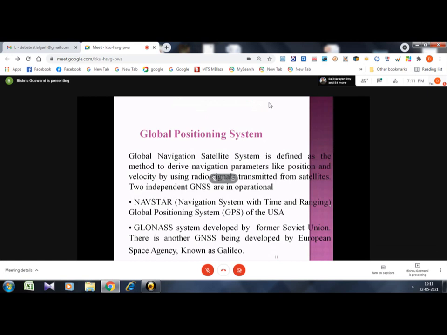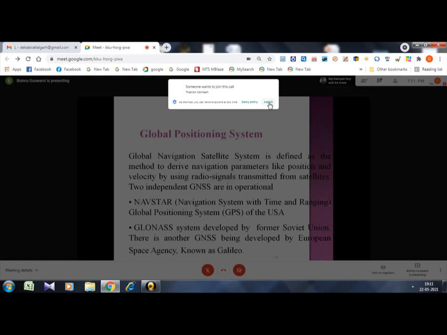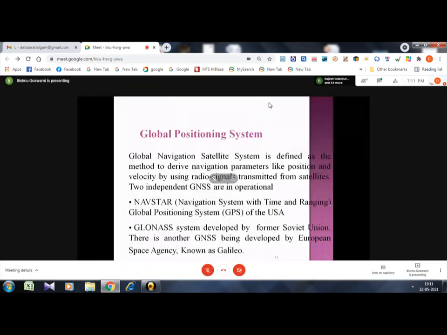One of the pivotal tools at our disposal is the global positioning system. This is a satellite system owned by the United States, and it derives navigational parameters like position and velocity by using radio signals transmitted from satellites. There are a lot of these positioning systems.